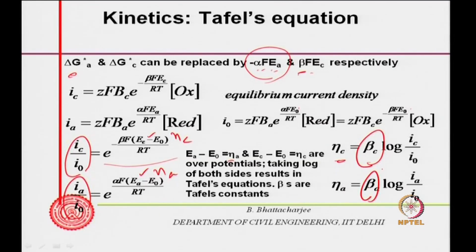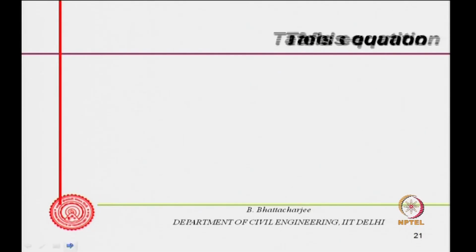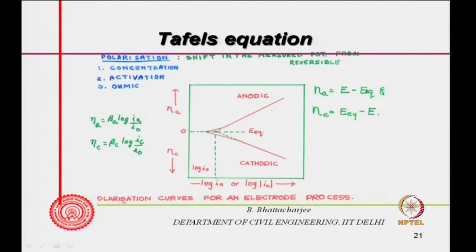If I apply current, I will find that log of current versus over potential varies linearly, because this is a linear kind. Log of cathodic and anodic current versus over potential, in a single electrode, if I do that, I will get this sort of relationship. So, these are called Tafel's relationship. That is how I see it anodically and cathodically, if I polarize, I get this sort of curve.